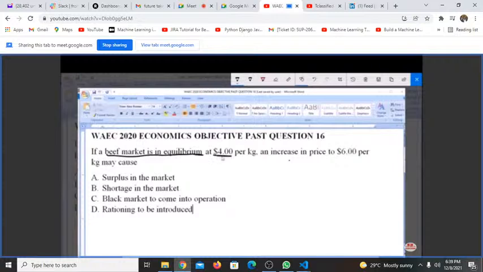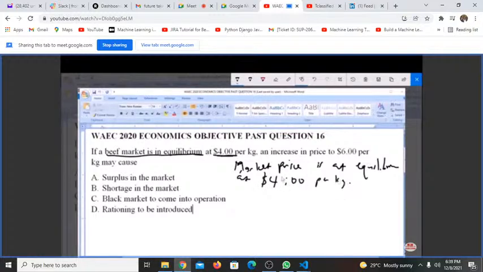Now, the information given to us from the question is that the beef market is in equilibrium at this particular price. Okay, so the market price is at equilibrium at $4 per kg.